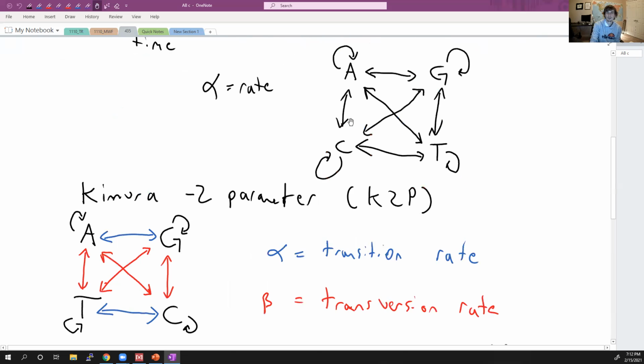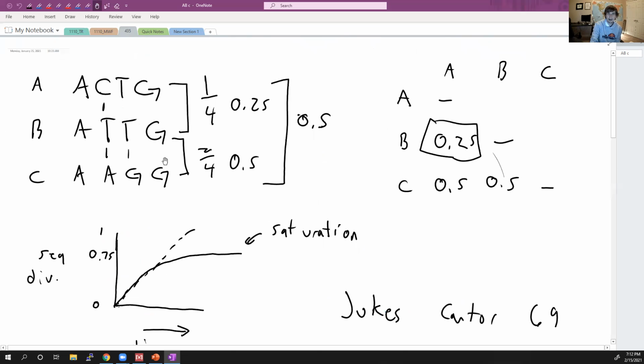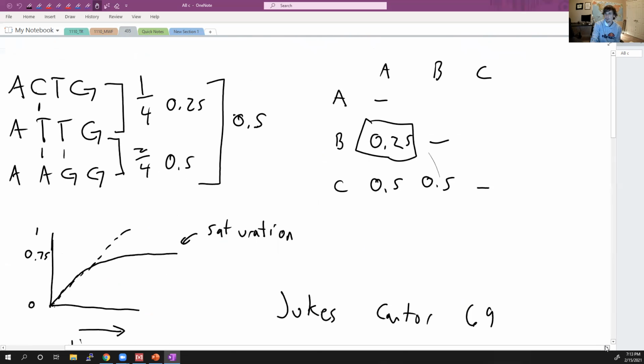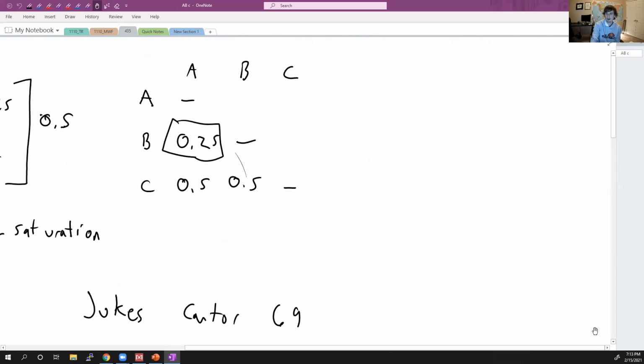So let's go back to this original sequence that I have here, ACTG, ATTG, and AAGG, where we actually have real major differences, 0.25 and 0.5. So I'm going to come back over here, and whenever I draw my relationships between these three sequences, I'm also going to apply a branch length.